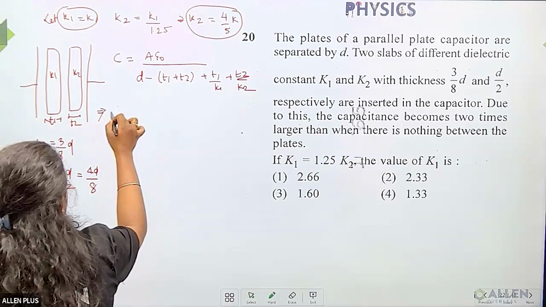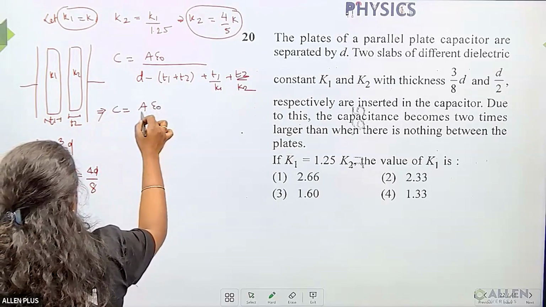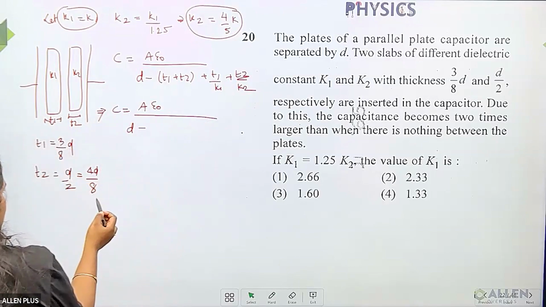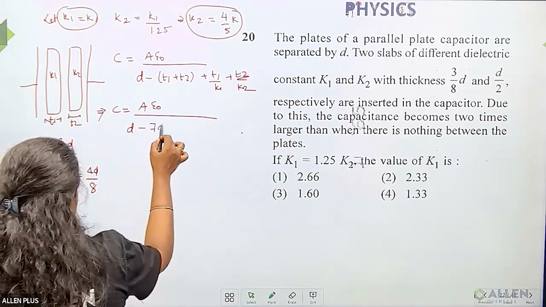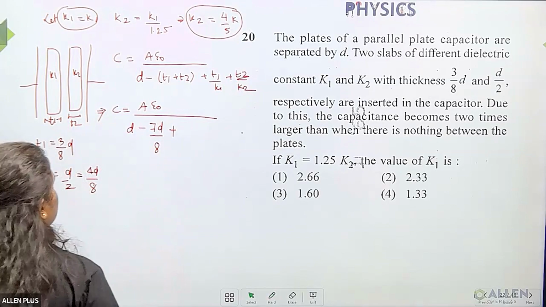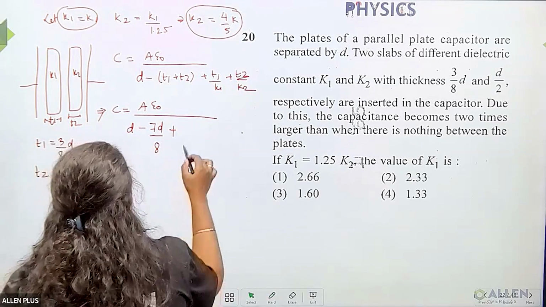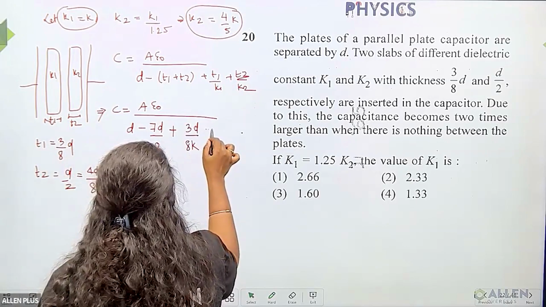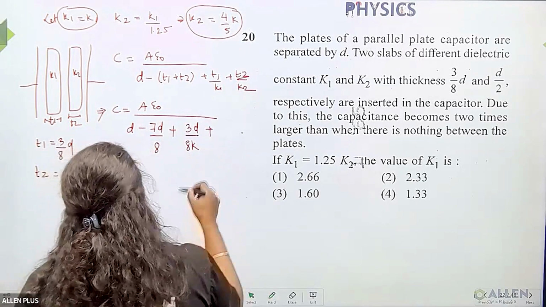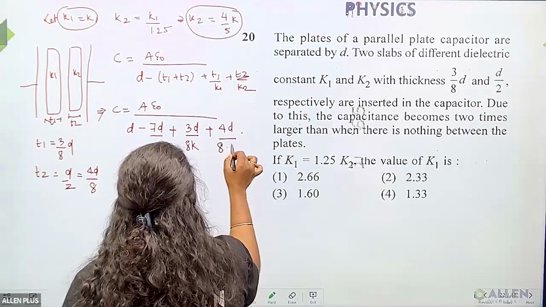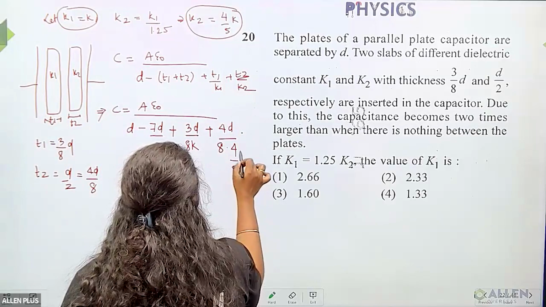From here you get C is equal to, T1 plus T2 will be equal to 7D by 8, so D minus 7D by 8 plus 3D by 8K plus 4D by 8 into 4 by 5K.